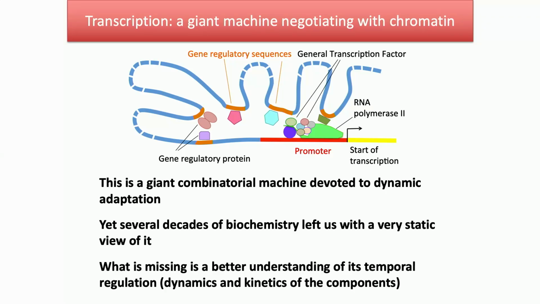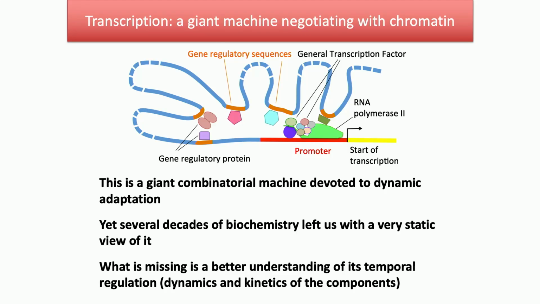Anyway, what I care about is this giant machine, which is really the different proteins that are going to be needed to direct a polymerase to transcribe a gene. About 10% of our genome, of our proteins, are dedicated to this process. And for me, it's really a giant combinatorial machine that is devoted to dynamic adaptation, right?